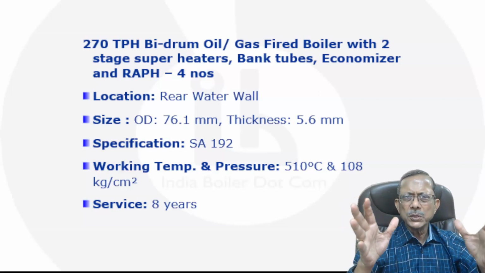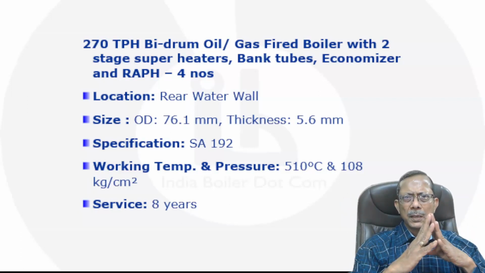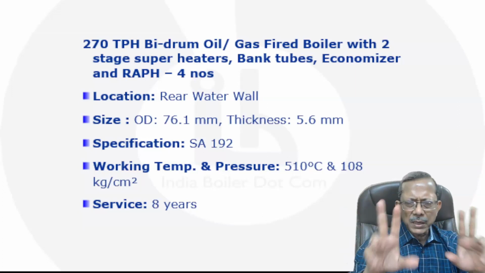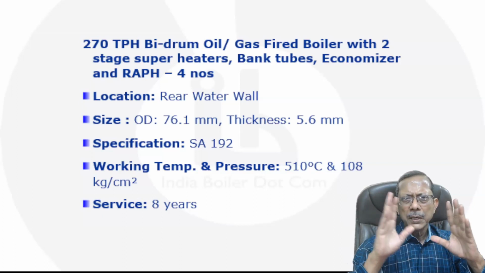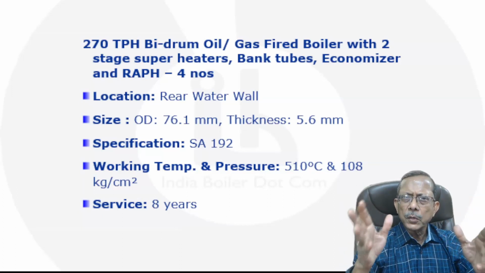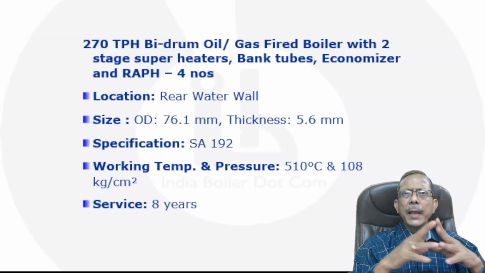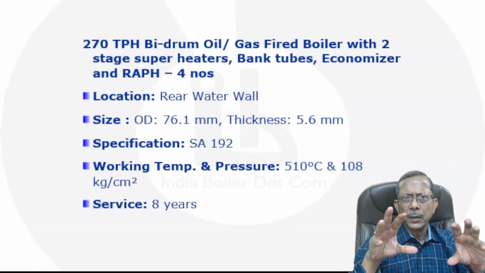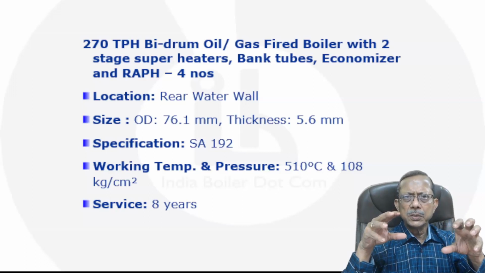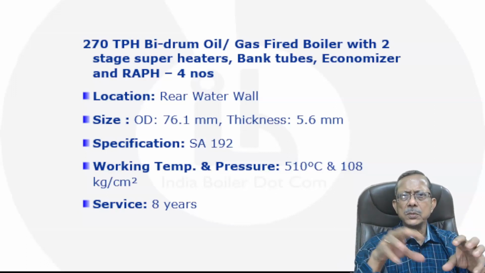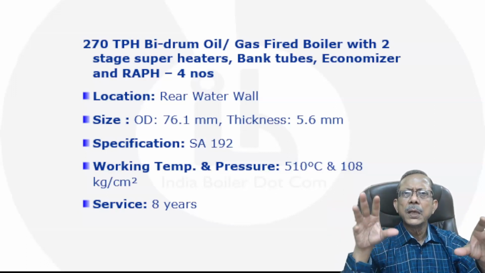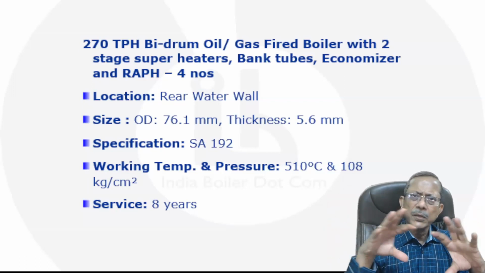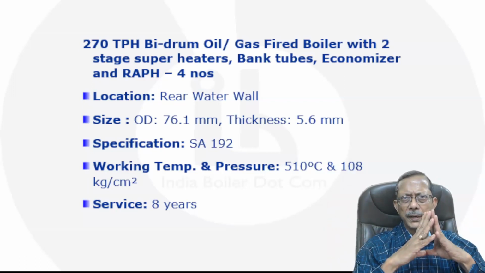It was a cogen CPP boiler, a captive power plant boiler, with two stages of superheaters, one economizer, one rotary air preheater, and a dual fuel firing system. So both gas and oil with separate burners. It's not that gas and oil are in one single burner. There are gas burners and oil burners, so it can fire with both gas and oil.